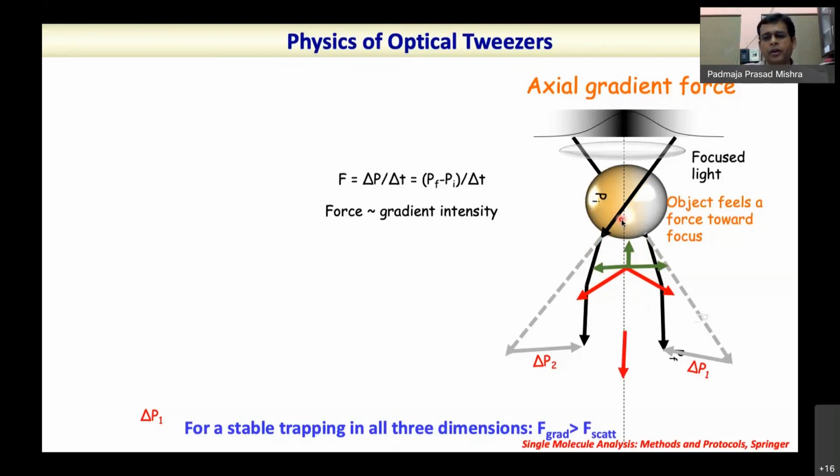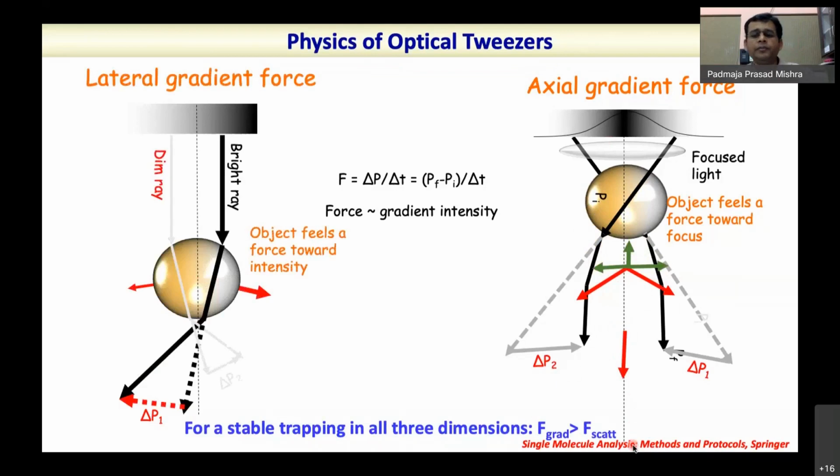However, if we consider the object which is not at the center, this is the case which we explained when the object is exactly at the center of the gradient beam. But for some reason, if the object is not at the center of the gradient beam but on either side of it, let's say the intensity is more here and the object is here, one side of the object will experience an intense beam and another side will experience a less intense beam.